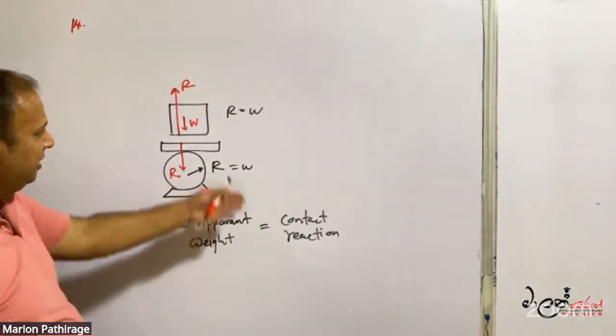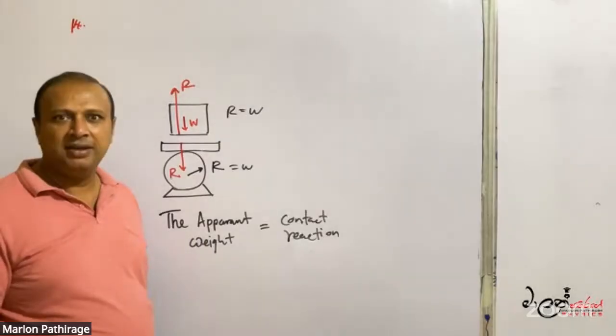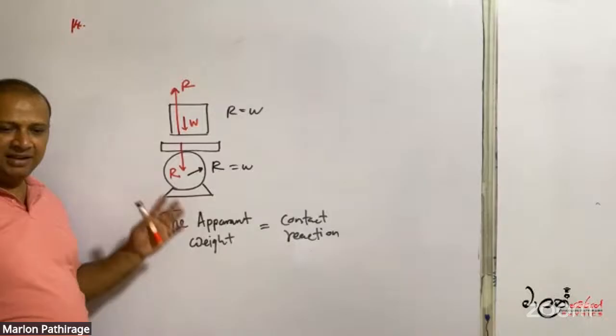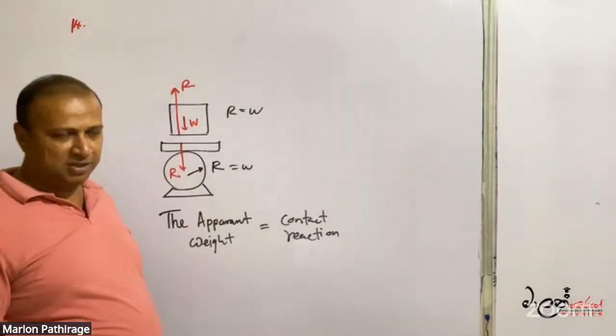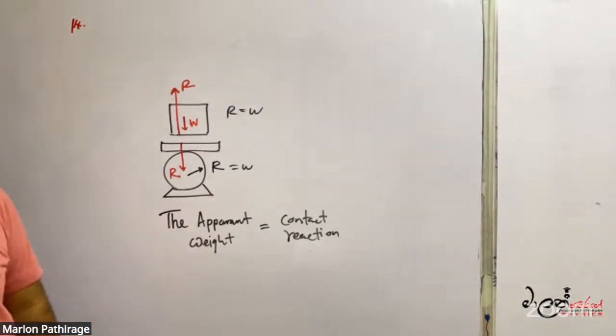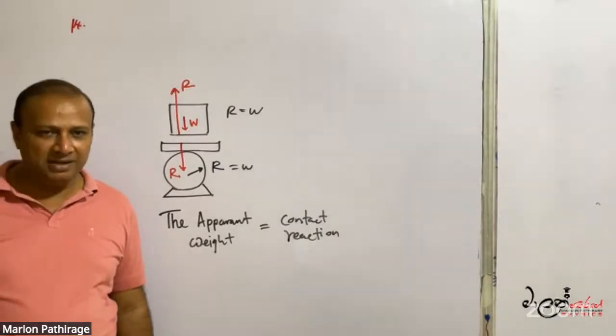If it is a spring balance, it will be the tension force. Okay, is that clear? If it is clear, please raise your hand. Clear, sir? So contact reaction means R. So now the contact reaction should be 0, right?